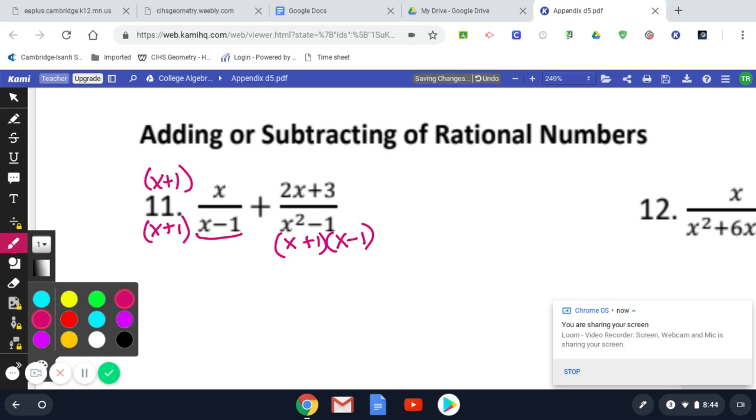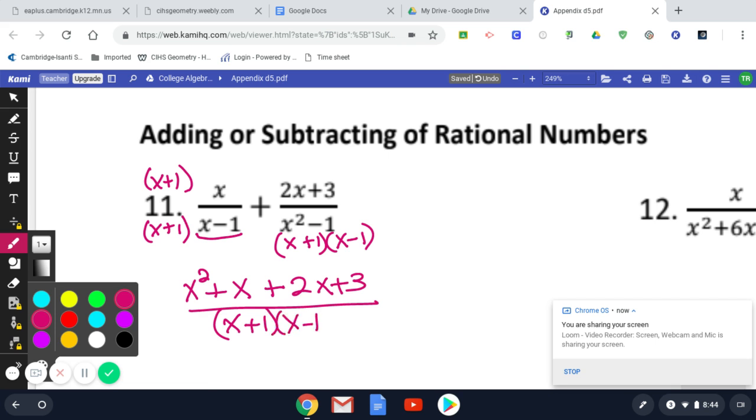Then this leaves me with x times (x plus 1), so it's x squared plus x, plus the 2x plus 3. And then my denominator is (x plus 1)(x minus 1). Now I'm going to simplify that, of course.